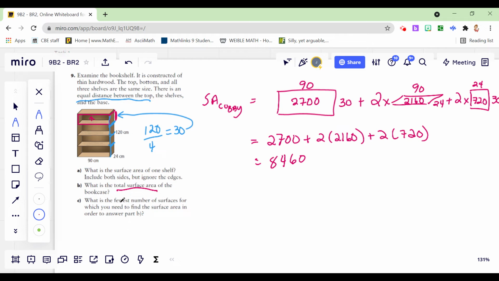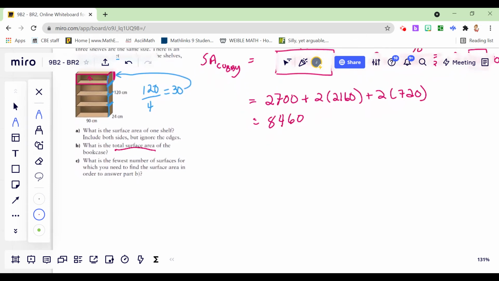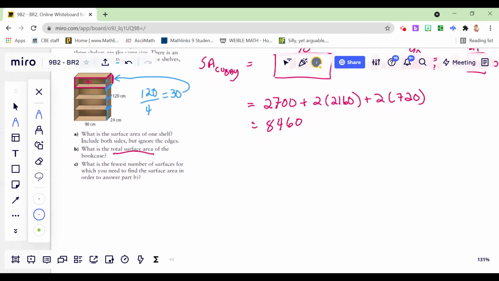It says, what is the fewest number of surfaces for which you need to find the surface area in order to answer part B? So I'm just going to answer B based on finding the fewest number. Okay. So if we look at our shelf, we can look at it as 3 parts.